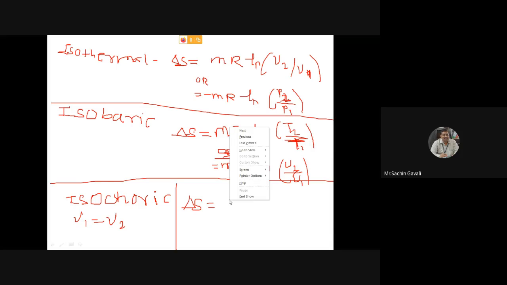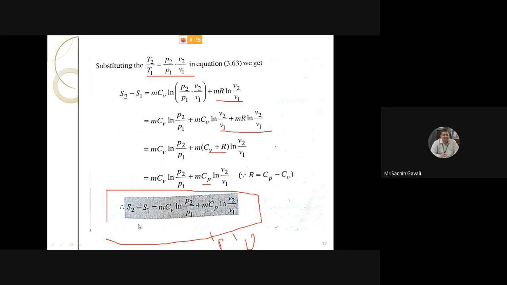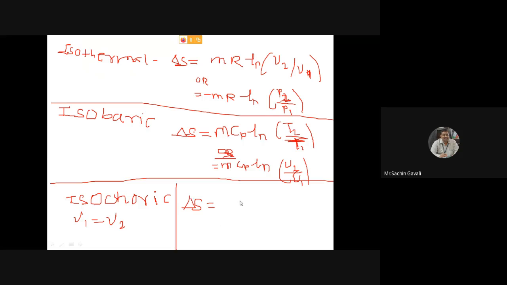Isochoric means V1 upon V2 is equal to 1, so it is 0. Not 0 exactly, because some term will be there. For the isochoric process, ln of V2 upon V1 will become 0, but there is another term: mCv ln of P2 upon P1.